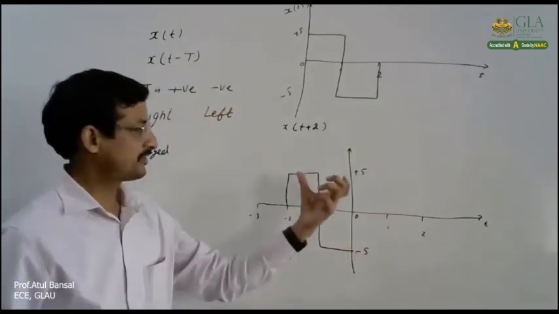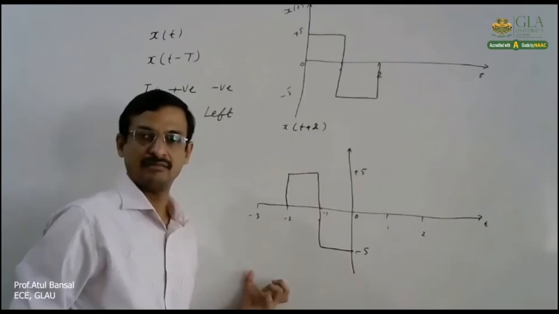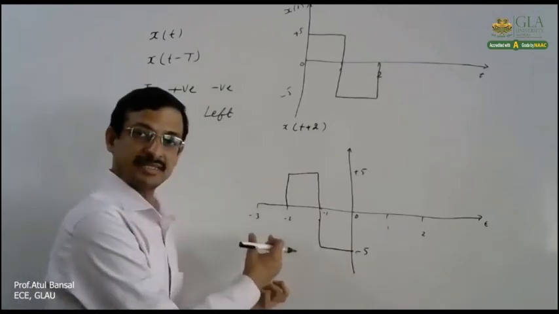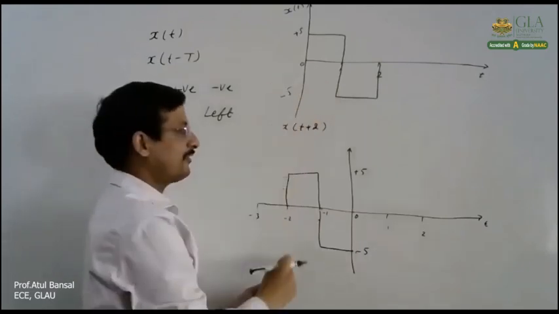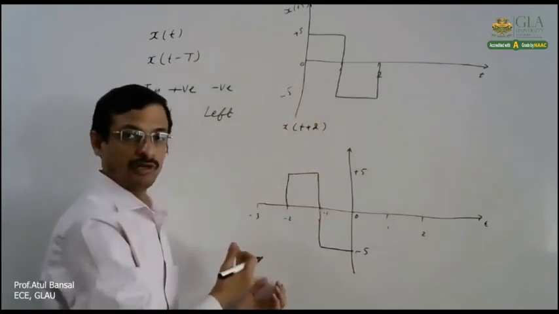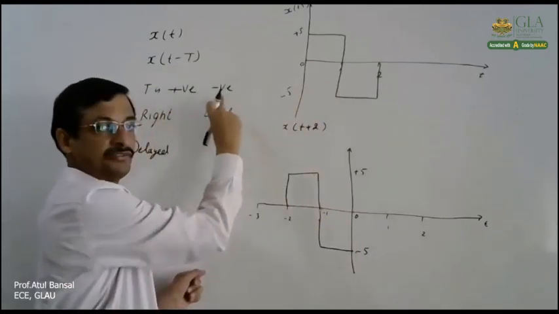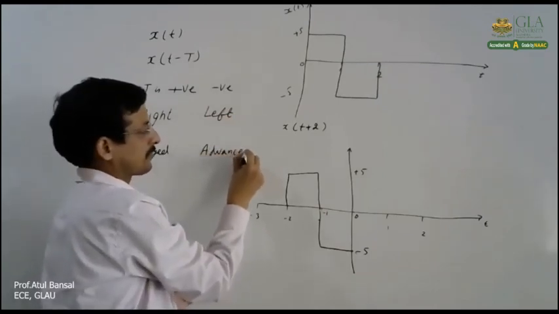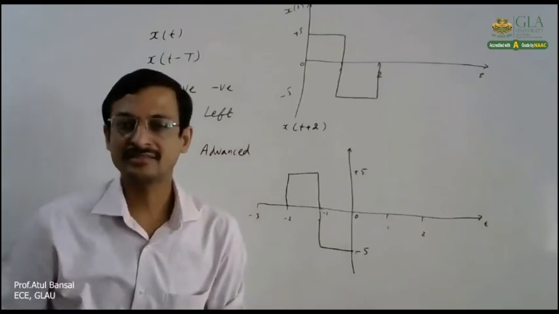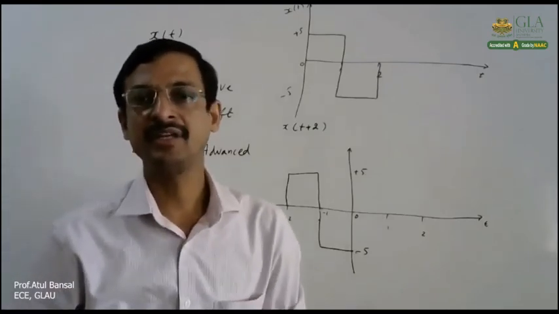So this gets shifted towards the left hand side. Now, this signal is coming before the original signal. So when T is negative, the signal gets advanced. Like this, the shifting of the signal can be done.